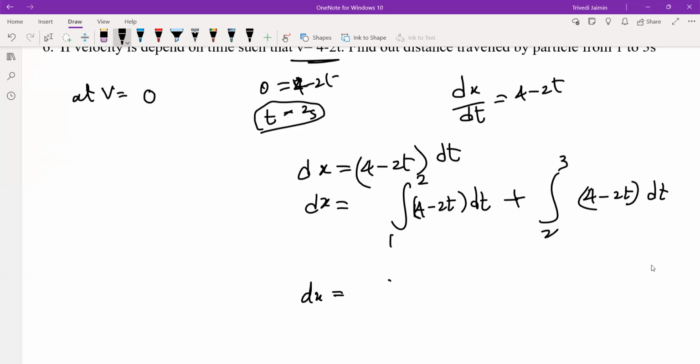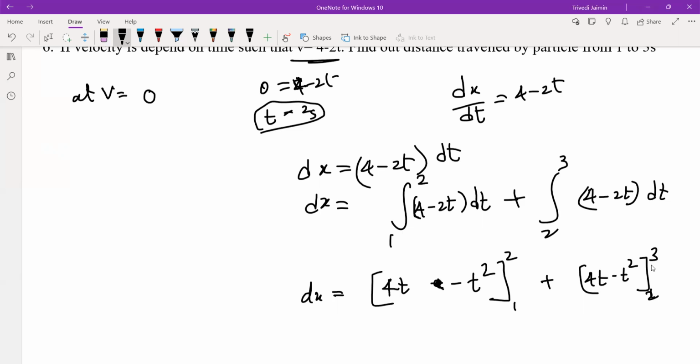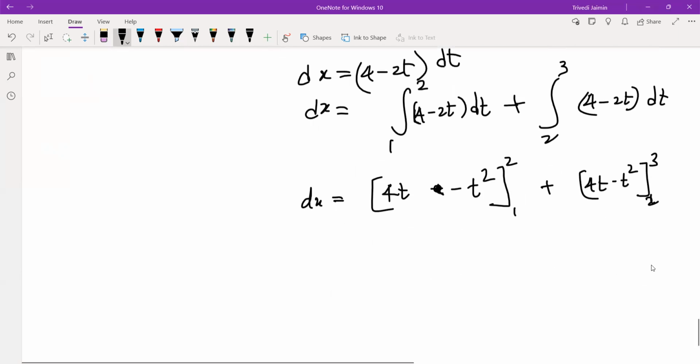So tell me the first term, 4t minus 2t square by 2, means t square. Limit 1 to 2. Same way, 2 to 3. Always substitute the first value in the first term.